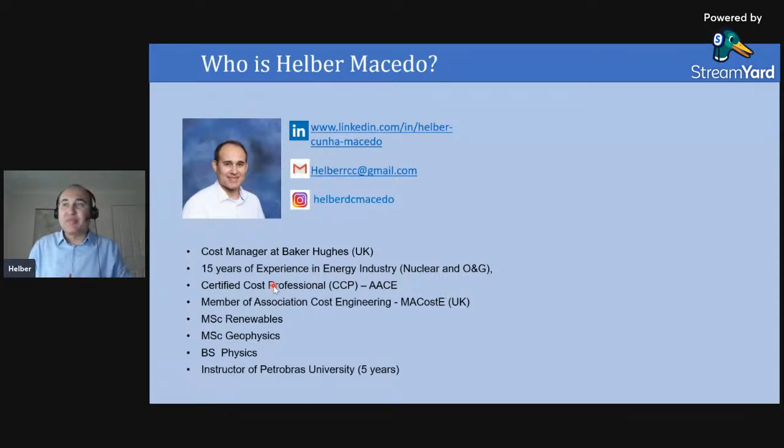I am certified by AACE. I am a member of ACOSTE as well. I have two master's degrees, one in renewables and another in geophysics. My background is physics, so I'm not an engineer. And I was an instructor for Petrobras University for 5 years.